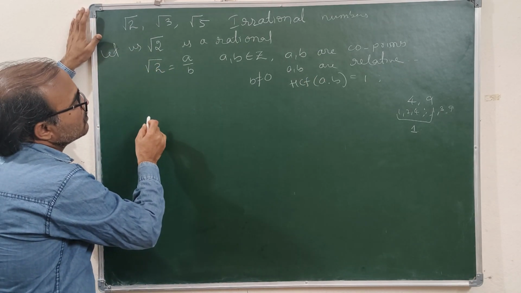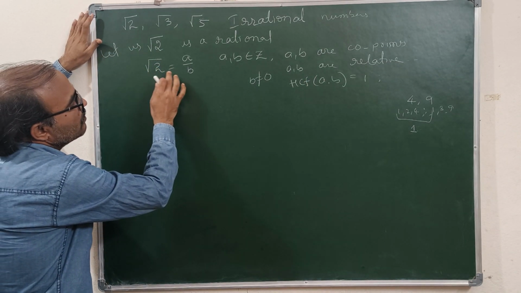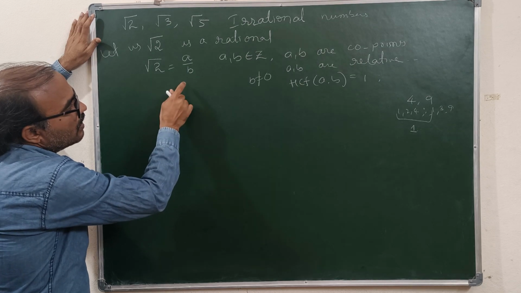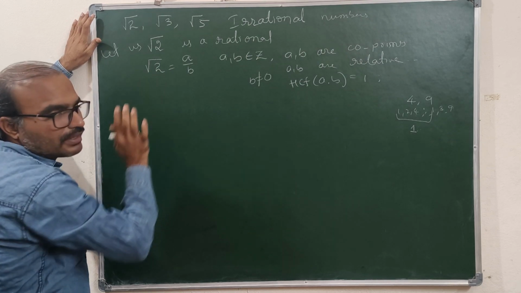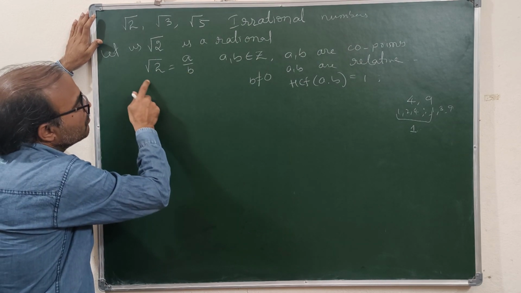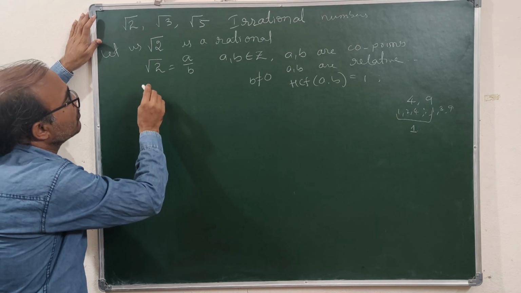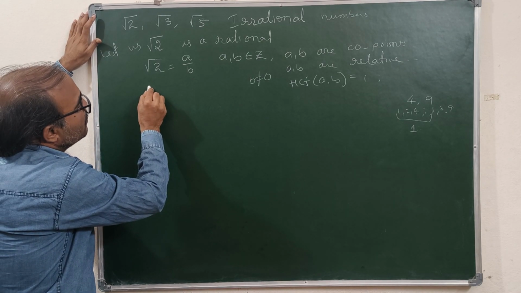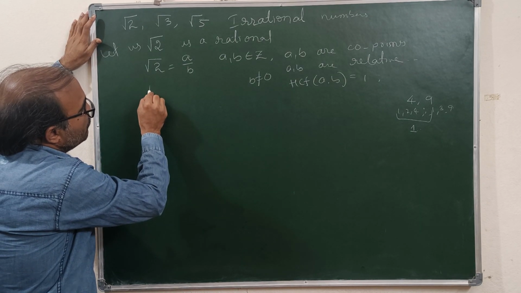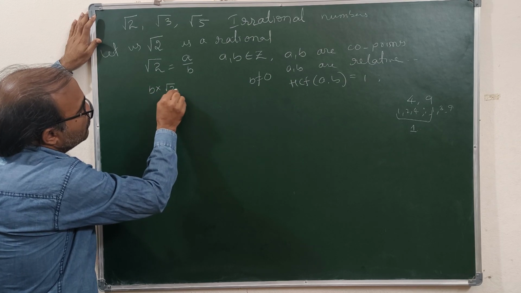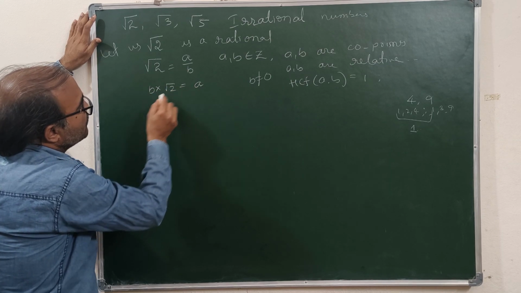Now, we have considered root 2 is equal to a by b. Either you square here itself, or after sending b to the other side you can square. It's up to you. So let us take b to the other side. So b into root 2 is equal to a.